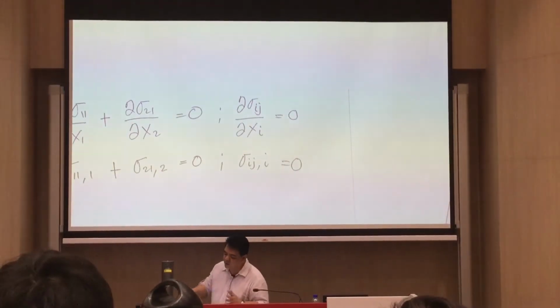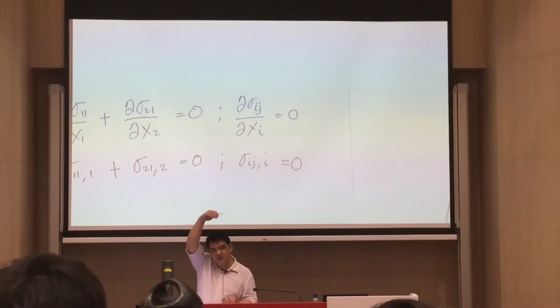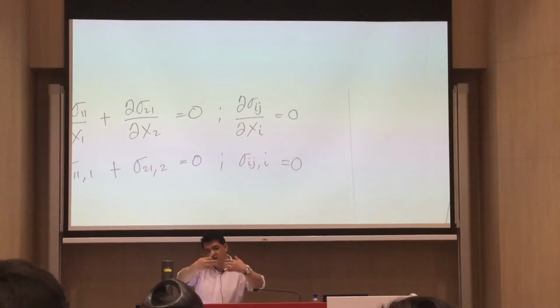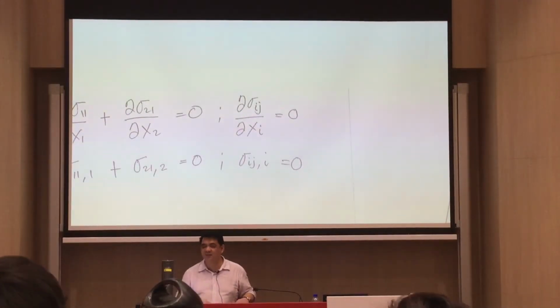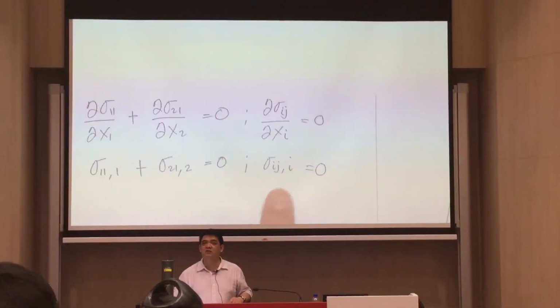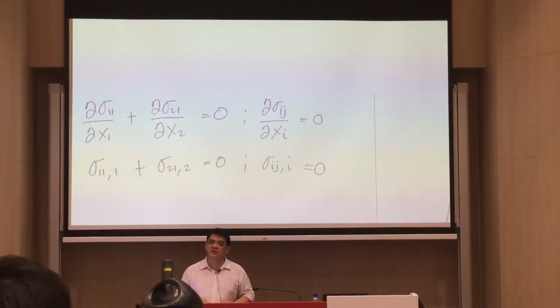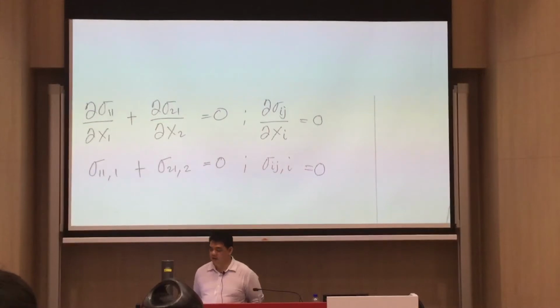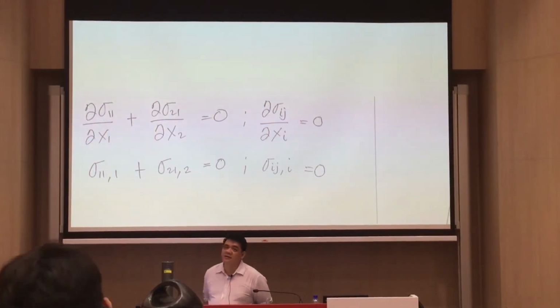So you can do the same with the transverse axis or the longitudinal axis. You'll end up with this equation here. So this is called the equilibrium equation. Questions, anyone?